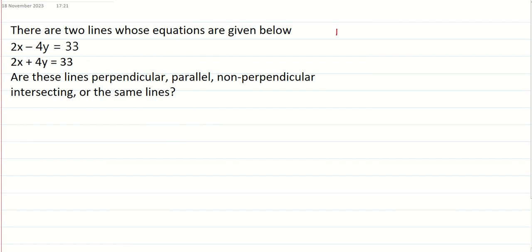Take the homework number 1. Taken. You have to tell whether they are perpendicular, parallel, non-perpendicular, intersecting, or the same line.